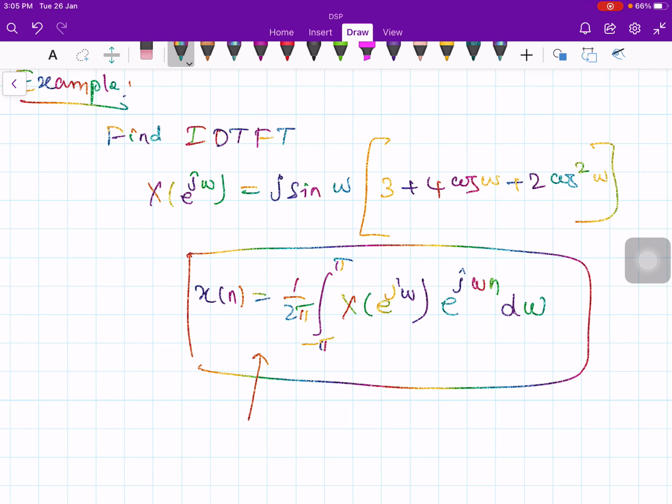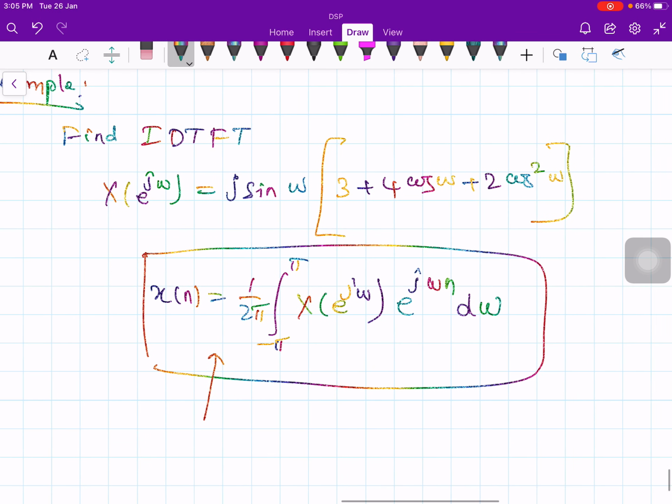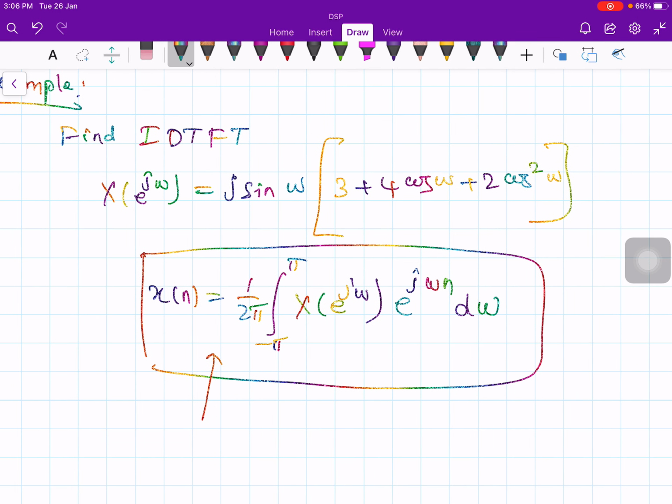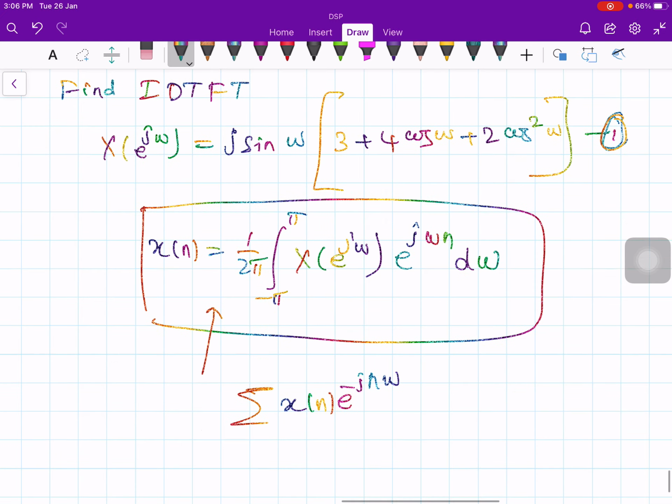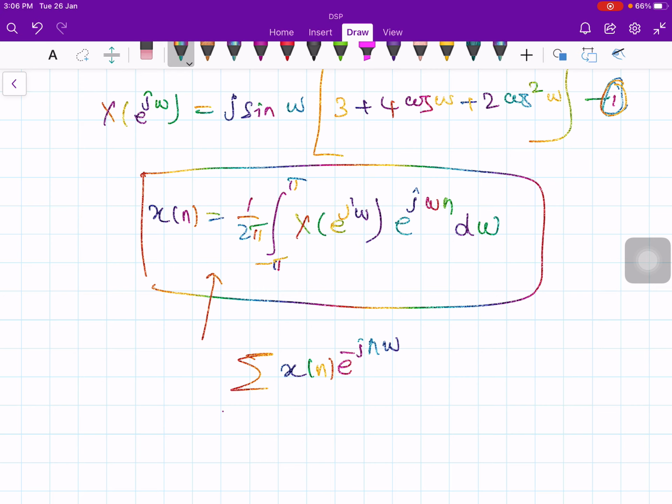All you need to do is express this given equation in terms of the summation of x of n times e to the minus j n omega, with the appropriate limits of n, and here n goes from minus infinity to plus infinity.